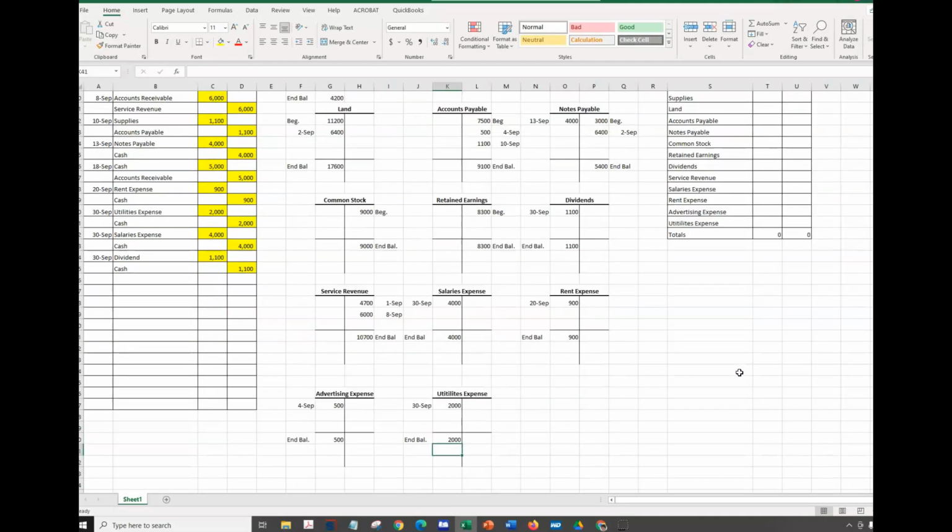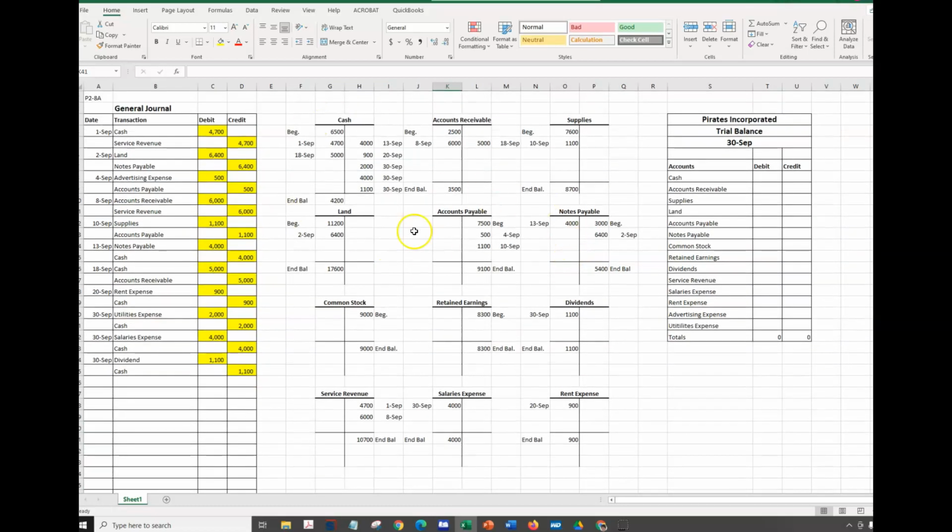All right, so now we have all of our balances calculated. And I'm just going to highlight those ending balances just so you can see, so it's pretty clear. That way we're not going to make any mistakes. Who knows, I might have made a mistake, but we'll find out here.